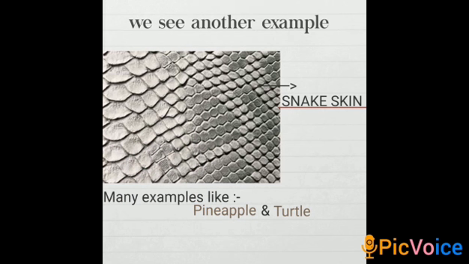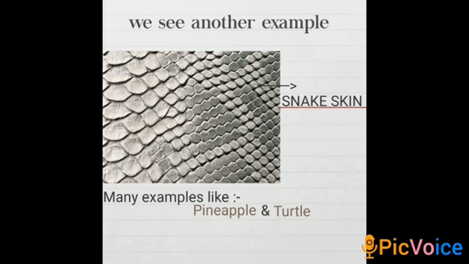You all have seen a snake. The snake is also one example for tessellation. You see this picture, the snake's top leather. You see many shapes on the snake skin. These shapes fit together with no gaps.